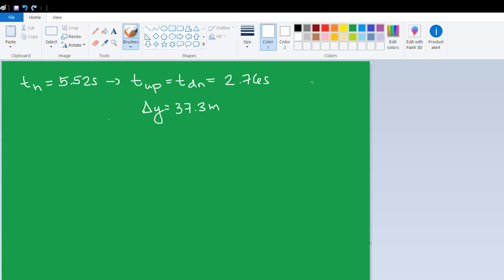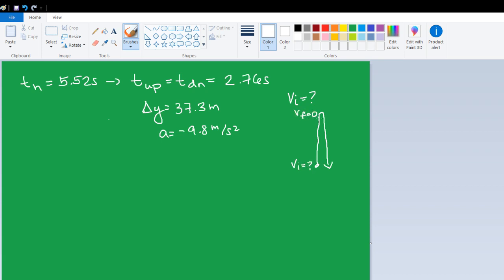Okay, and let's say we now want to get the VI, or the initial velocity by which we launch the arrow. Okay, we know that gravity is equal to negative 9.8 meter per second squared, and if we're going to get the VI, or the initial velocity at which we launch the arrow, well, this time we have to analyze the going up motion. Okay, this is the VI.